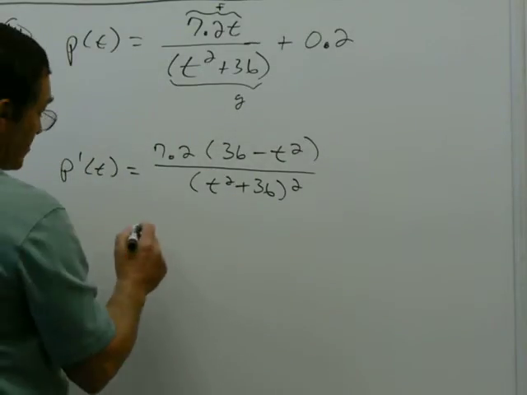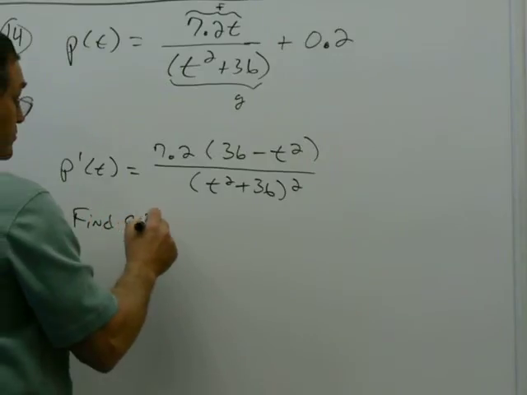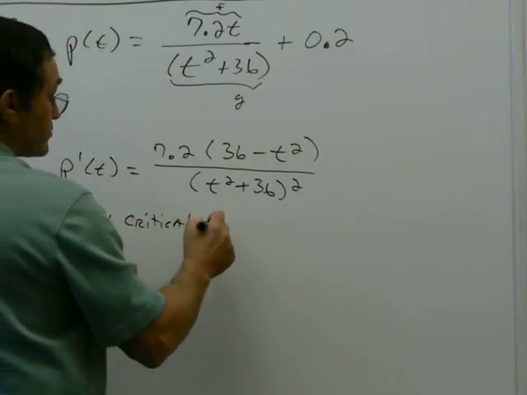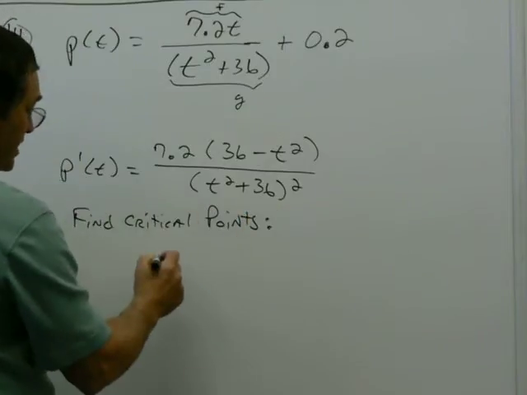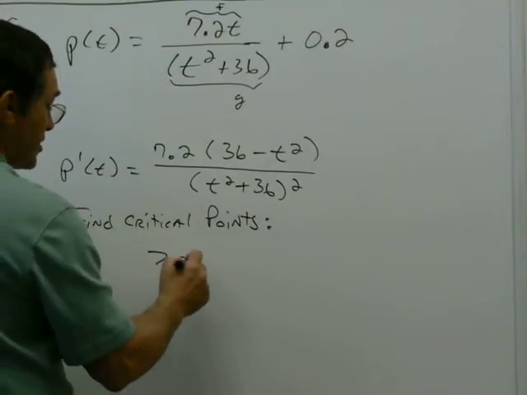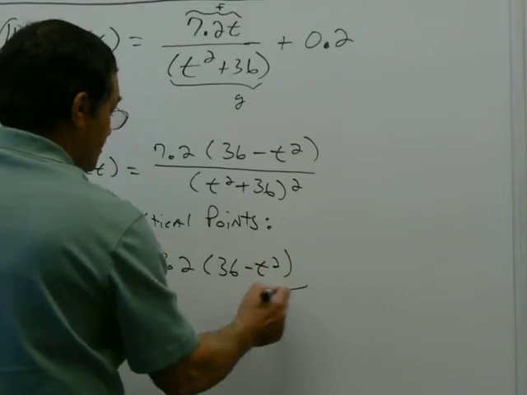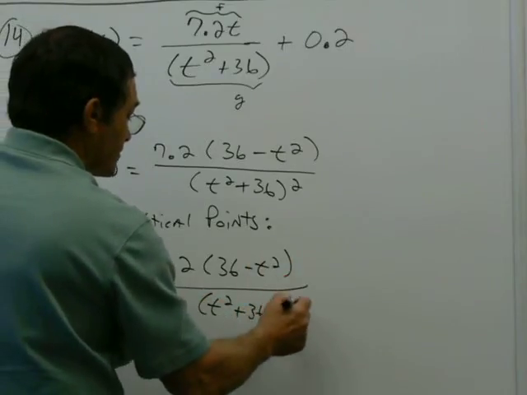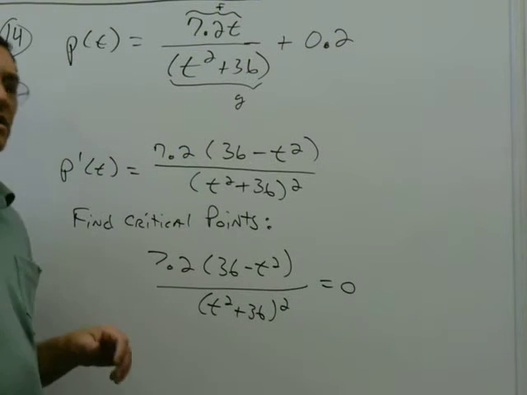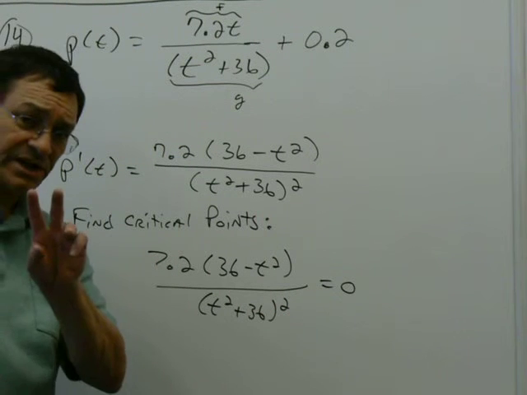I'm going to set this equal to 0 now. I'm going to find my critical points. I'm going to set my equation equal to 0. Now, you really can get critical points two ways.